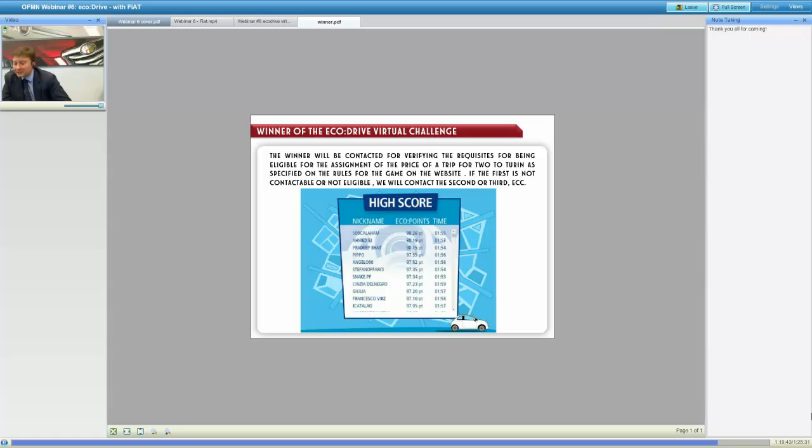Now all the participants will be contacted by us for verifying that he is eligible for receiving the prize. So he must be 18 years old and have a driving license to drive here in Italy, and must be resident in Europe. Eventually, if this person should not be eligible, we will contact the second and the third and so on.